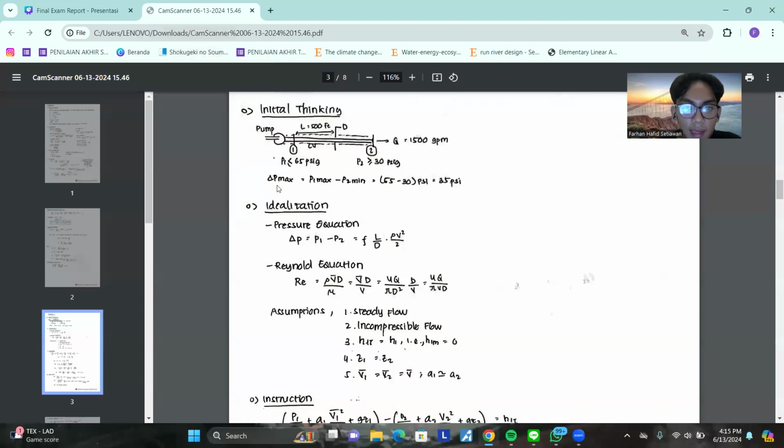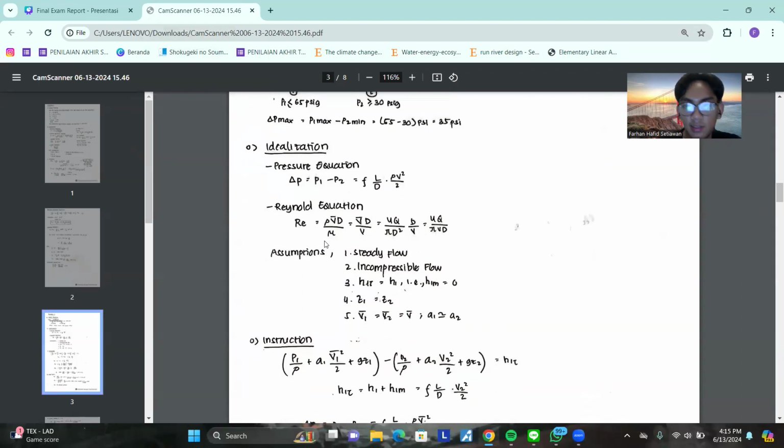We get the maximum pressure drop by determining these two pressures: 65 minus 30 is 35 psi for the delta P maximum.